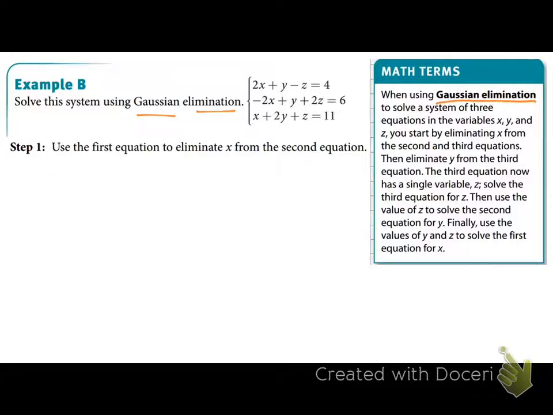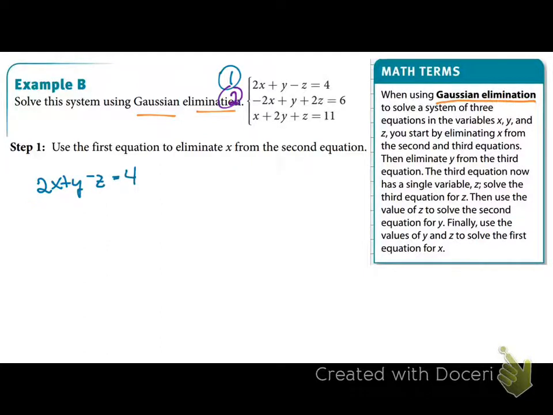So I'm going to take my first equation, I will make that one blue, and I'm going to take my second equation and make that one purple. And what I'm going to do is add them together. Oops, minus z.